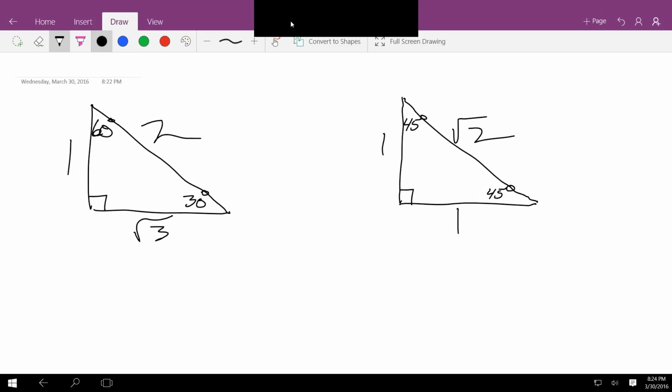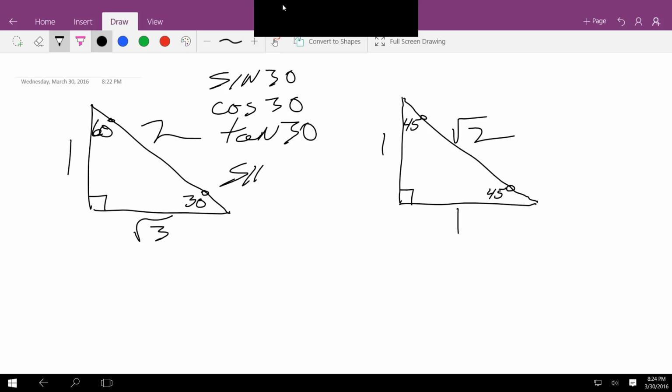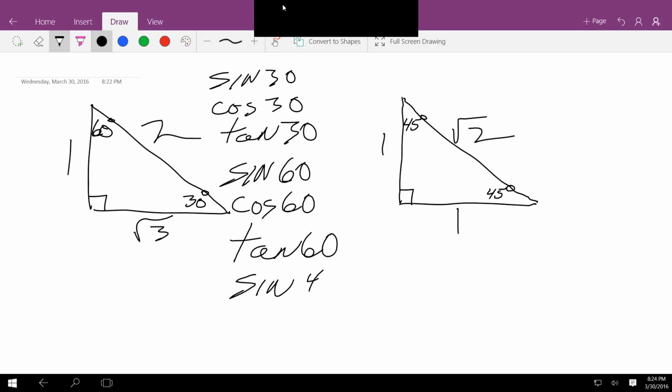Those are very common numbers. Get used to those. In other words, they want you to kind of memorize what the sine of 30 is, the cosine of 30, the tangent of 30, the sine of 60, the cosine of 60, the tangent of 60, the sine of 45.